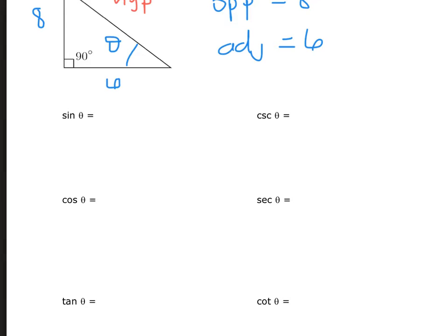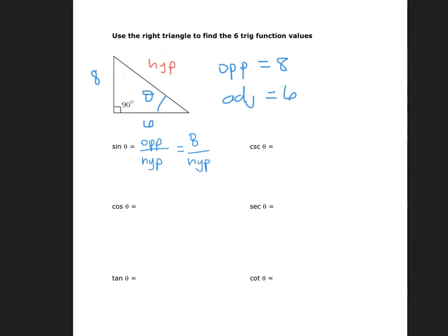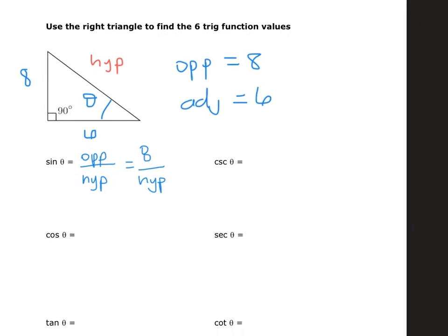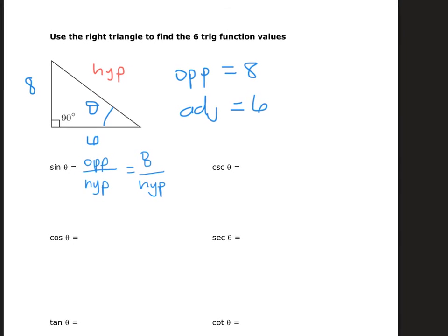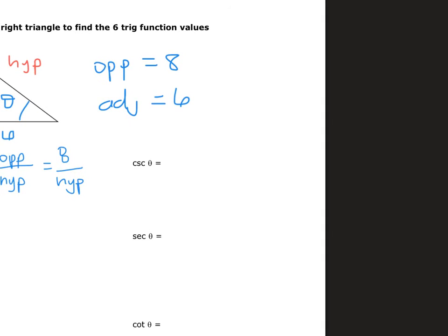For sine, okay, remember that is opposite over hypotenuse. And we can plug in the opposite side, right? We have that is 8, but we don't know the hypotenuse. Right, we have a tool though in our toolbox that allows us to calculate what that hypotenuse is. So this is Pythagorean theorem. So hypotenuse squared equals opposite side squared plus adjacent side squared.